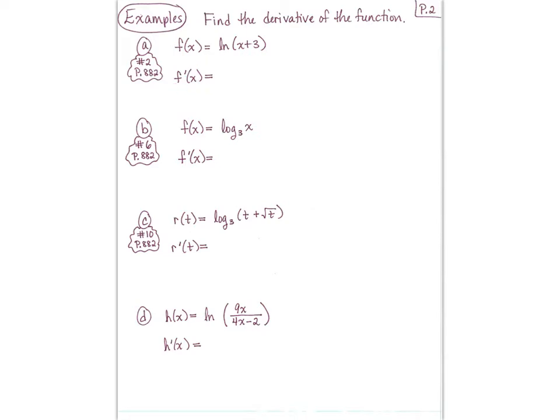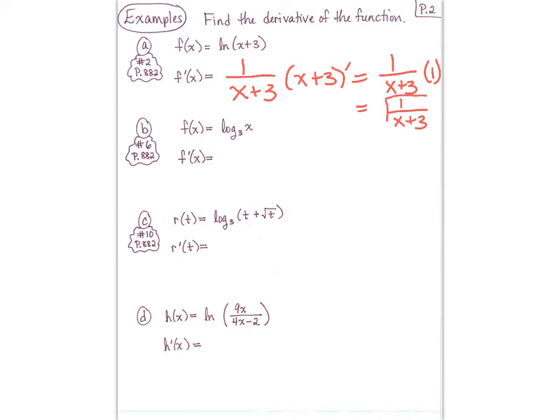So f prime of x is going to be equal to 1 over x plus 3 times the derivative of x plus 3. That's going to be 1 over x plus 3 times 1, because the derivative of x plus 3 is 1. So you end up with 1 over x plus 3. That's the derivative.